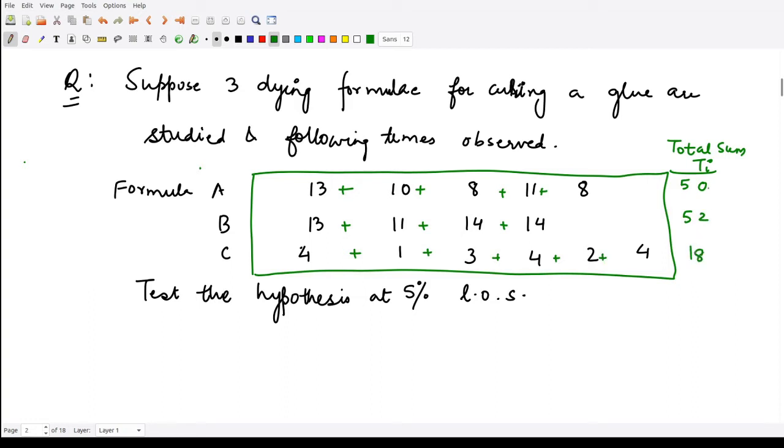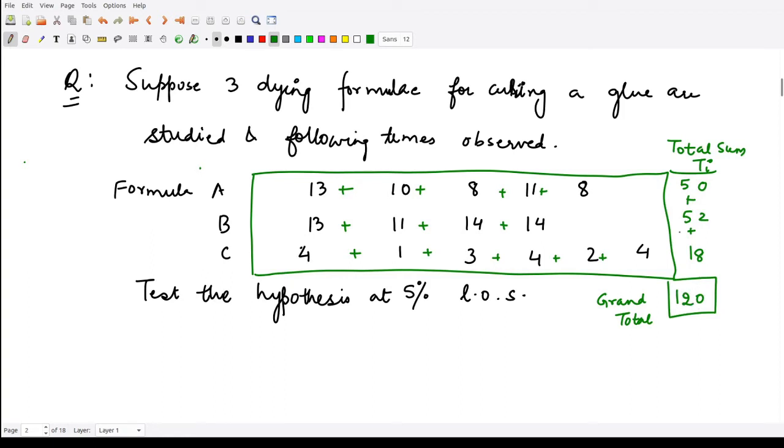So this is the Ti for formula 1, this is for formula 2, formula B, this is for formula C, and then we can calculate the grand total. Grand total is calculated when you add up all the Ti's. So you obtain 120 here. So this is the grand total.